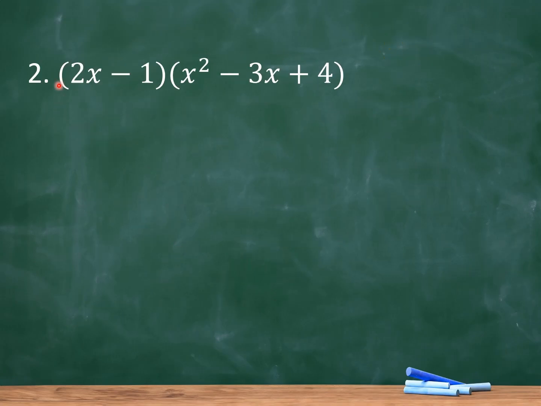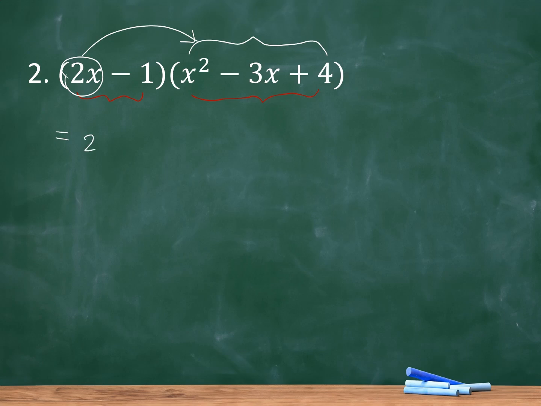Example number 2. 2x minus 1 times x squared minus 3x plus 4. So this time we have this binomial will be multiplied to this trinomial. So to do that, we will multiply first 2x to this trinomial.